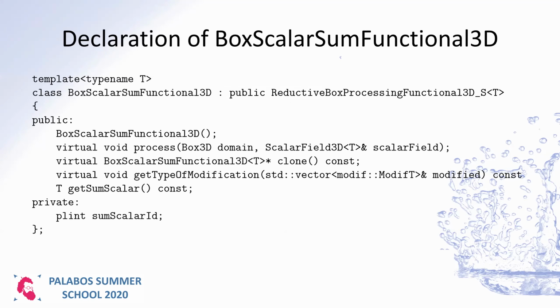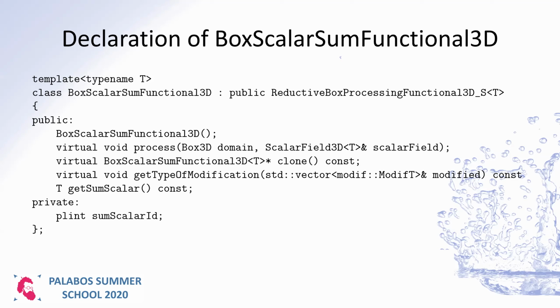This is the declaration of this BoxScalarSumFunctional3D. Like every data processor, it inherits from a canonical data processor of Palabos, which in this case is called ReductiveBoxProcessingFunctional3D_S. S stands for scalar, because this data processor takes only one argument, which is a scalar field. And then we have the usual methods: the constructor, the process functional, the clone function, the method getTypeOfModification.